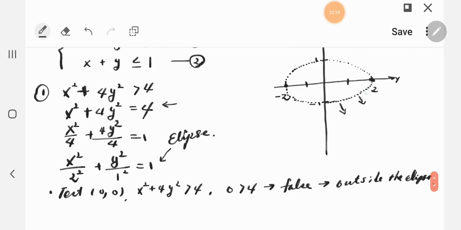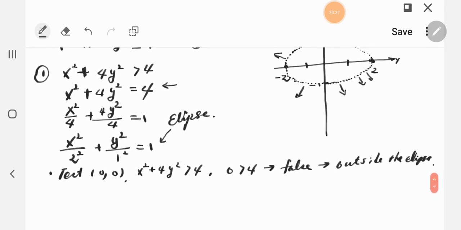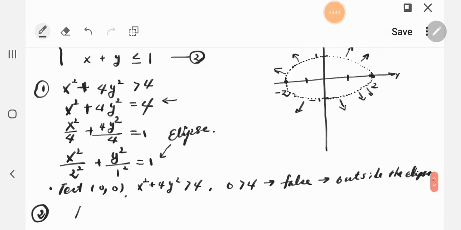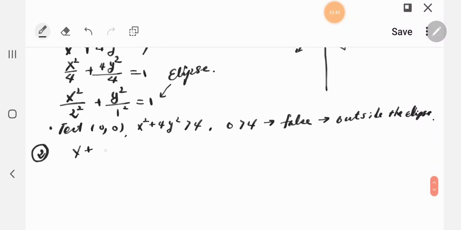Outside the ellipse will be the solution of this ellipse inequality. Okay, how about the second inequality? The second inequality is a linear inequality. X plus y is less than or equal to 1. The solid line. So make an equal sign, and then let's find the x-intercept and y-intercept.